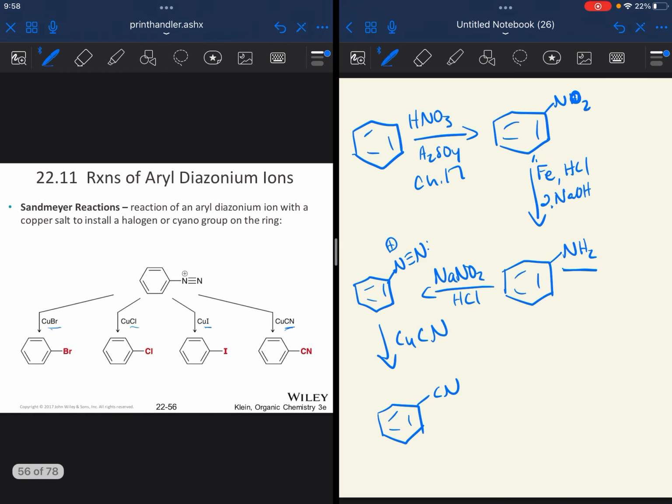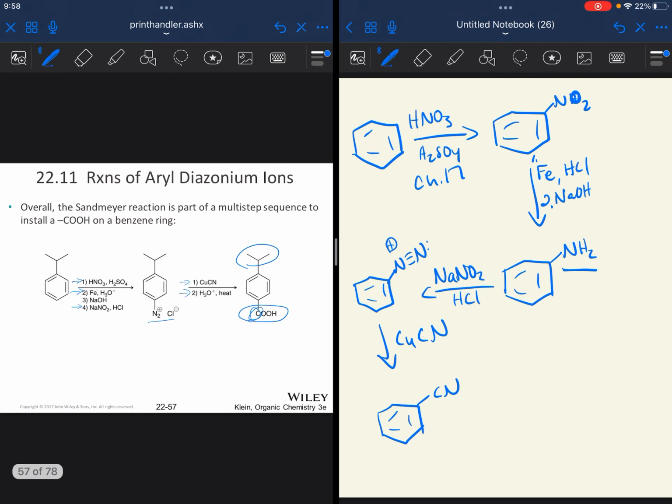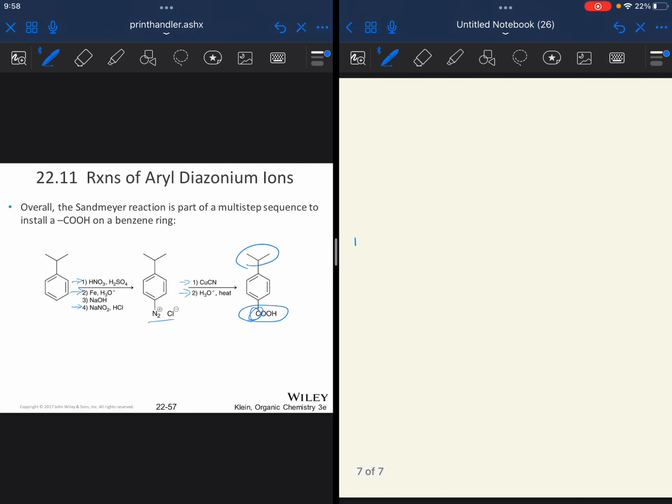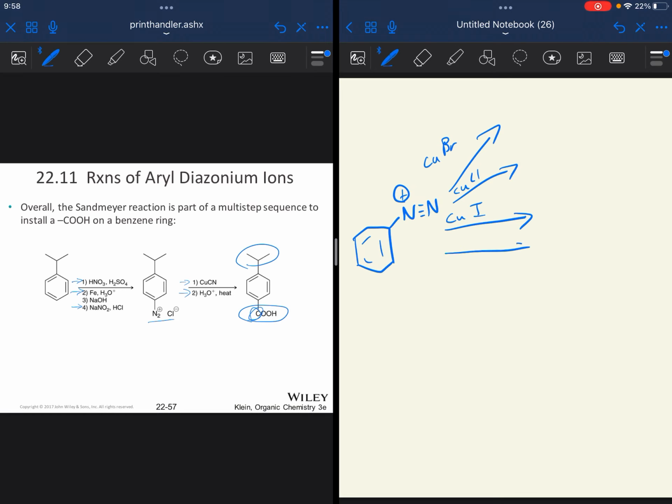The Sandmeyer reactions, right, that's 4. I mentioned there were going to be 7. There are 3 more. So when you are taking your diazonium salt, let's just summarize them here. So this could also be written N2+, but I'm going to draw it out. So we can use copper bromide. We can use copper chloride. We can use copper iodide.